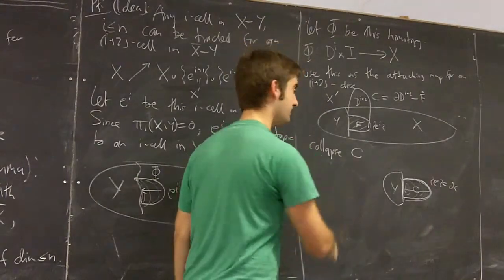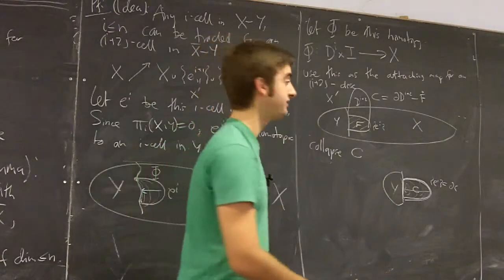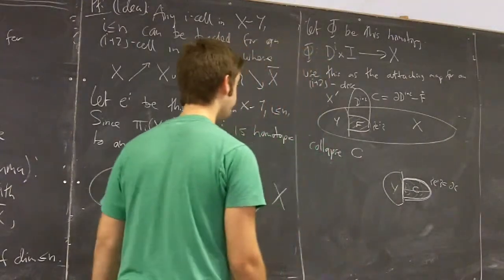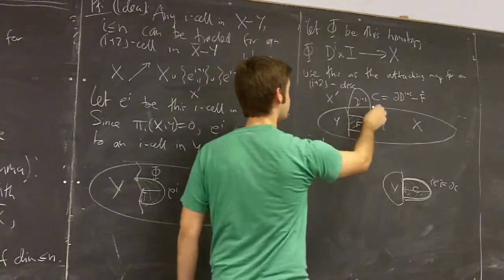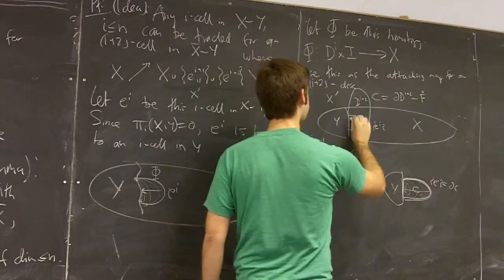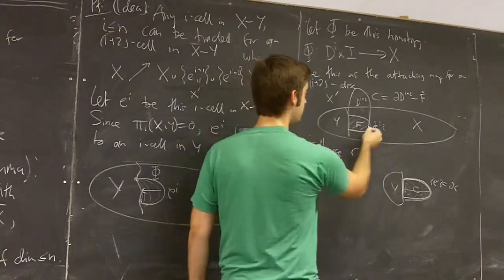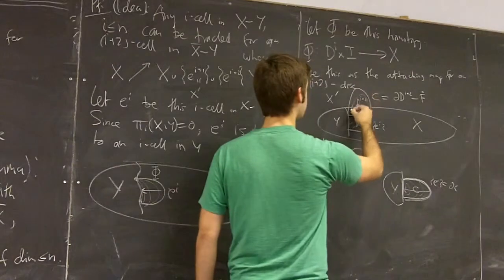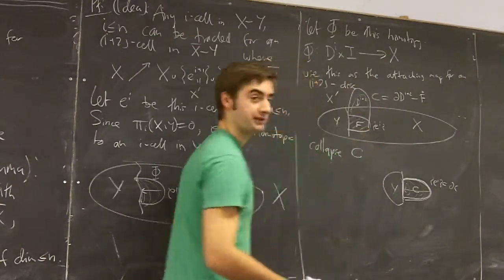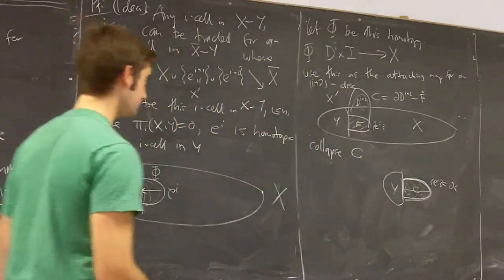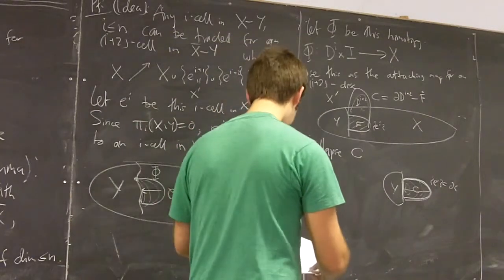Now I'll do an example in a minute, the simplest example I can think of, so you can see what's going on. C is this dome part of the surface, and you're collapsing it over the top and into Y. And this is an elementary collapse.